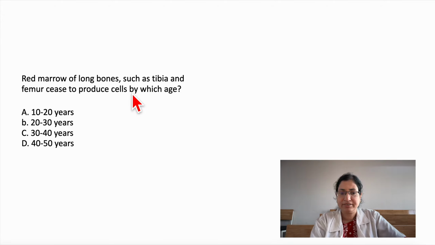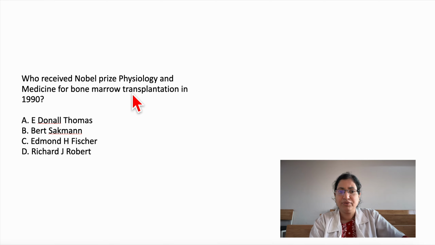So answer is B. Who received Nobel Prize in Physiology and Medicine for bone marrow transplantation in 1990? So as I discussed earlier, answer is A. E. Donald Thomas. This is the name of that scientist who received Nobel Prize in Physiology and Medicine for bone marrow transplantation in 1990.